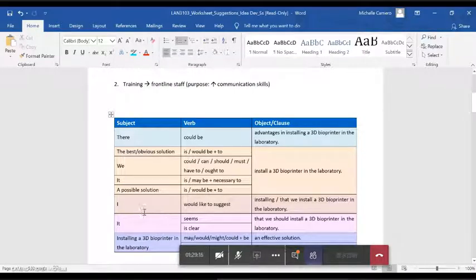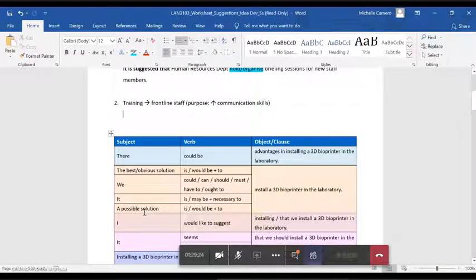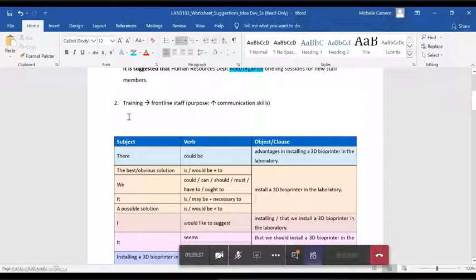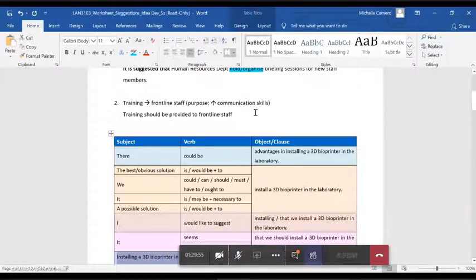So for this one, what they did, instead of using one of these down here, they said, training to frontline staff.